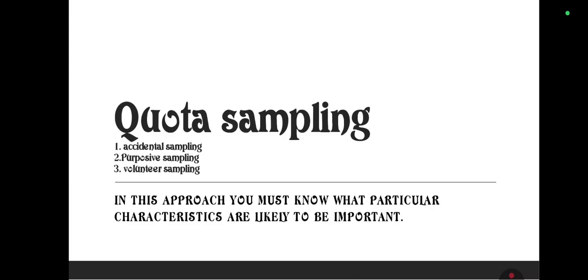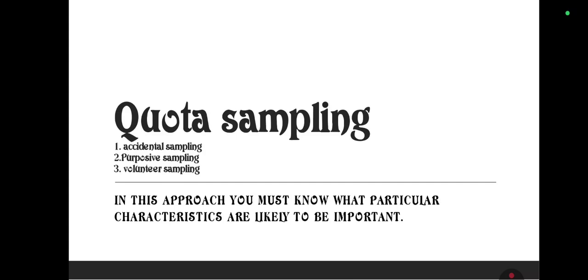Then there is quota sampling. There is quota sampling, accidental sampling, purposive sampling, and volunteer sampling. It depends on the type, whether you are selecting people voluntarily so that they can take part.